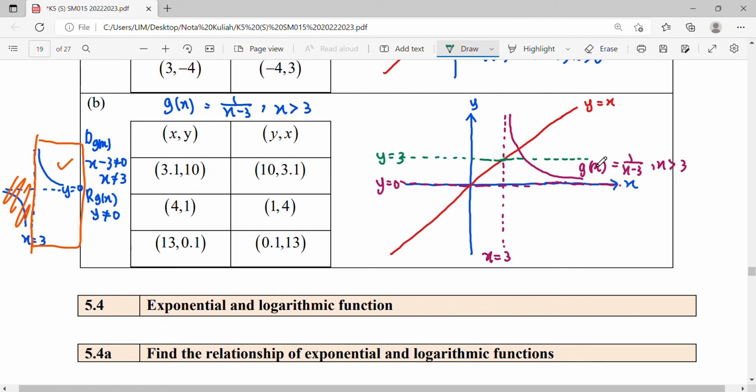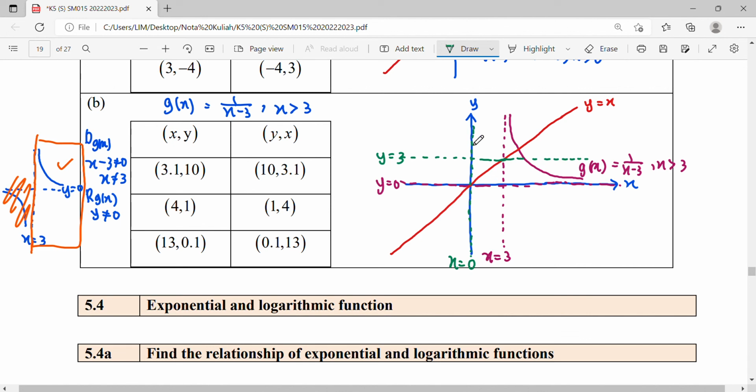Now I'm going to reflect the horizontal asymptote y equals to 0. y equals to 0 touches the reflection axis here, so here will occur the reflection. Horizontal now becomes vertical, x equals to 0. So this is how I reflect for my inverse function its horizontal asymptote and vertical asymptote.